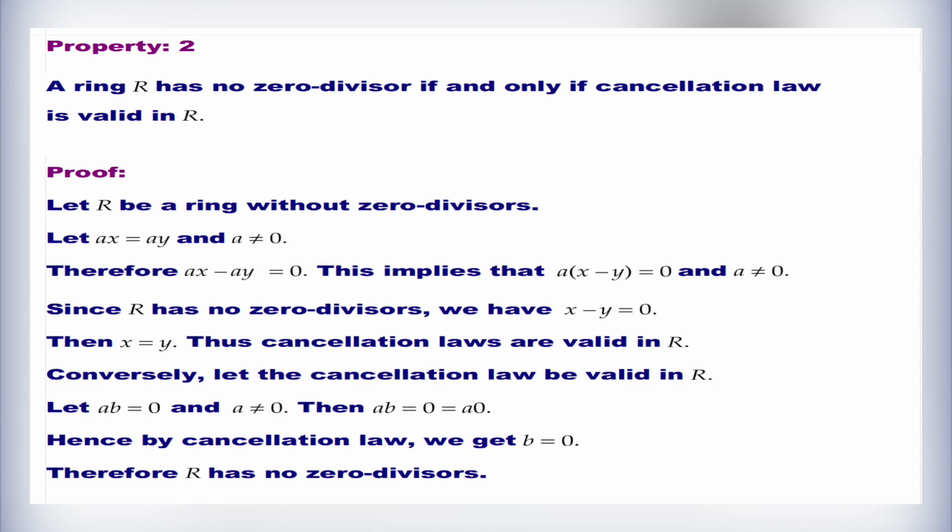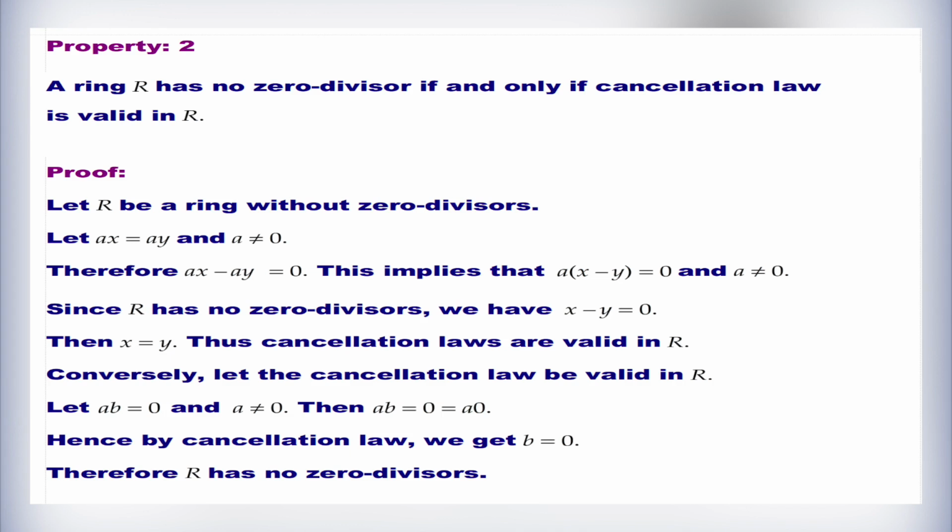Therefore, Ax minus Ay equals 0. This implies that A times (x minus y) equals 0 and A is not equal to 0. Since R has no zero divisors, we have x minus y equals 0. Then x equals y. Thus, cancellation laws are valid in R.